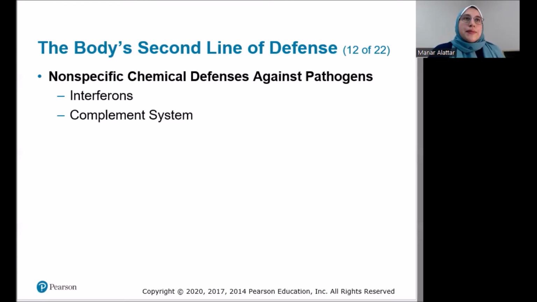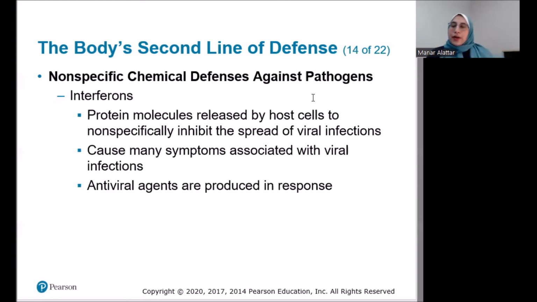And so in terms of interferons, these are chemicals that are released by white blood cells that are infected by viruses, kind of like a warning signal that's released and then spread throughout the blood and into the surrounding tissue to surrounding cells as well.